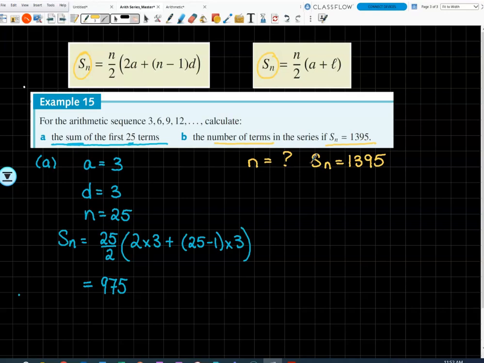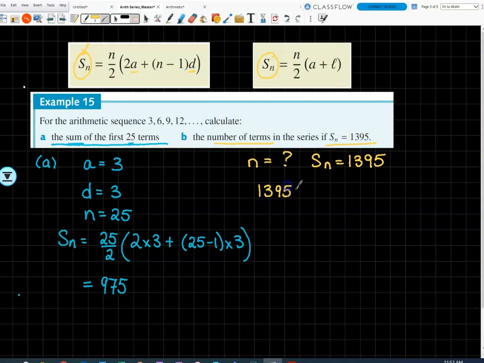Yep, in the first one, because we've got the A, we've got the D, and we're going to try and find N. So just a little bit of algebra. It would have been nice if we could do the right-hand side one, but we don't know. Okay, you've got options. If you wanted to, you could find out what the last term is, but I reckon just slap it in. So here we go.